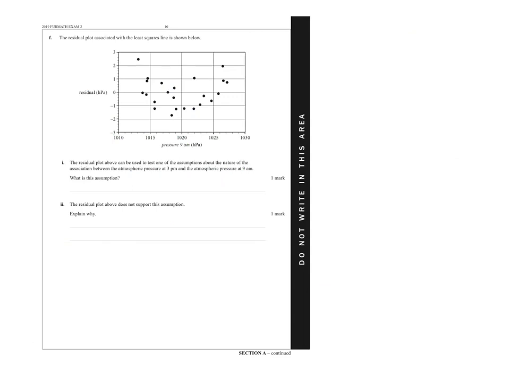Okay, so now they've shown us the residual plot of this scenario. Here are the X values, the pressure at 9 p.m., and here are all their residuals. The residual plot above can be used to test one of the assumptions about the nature of the association between atmospheric pressure at 3 p.m. and at 9 p.m. What is the assumption?